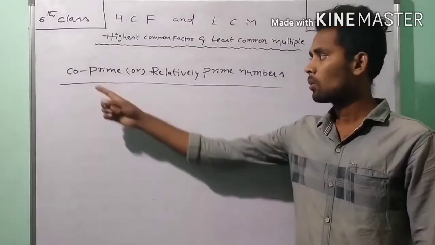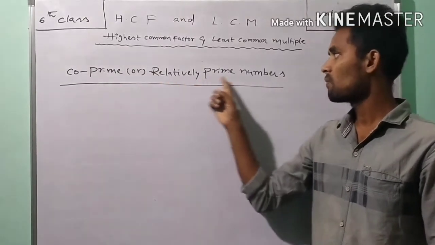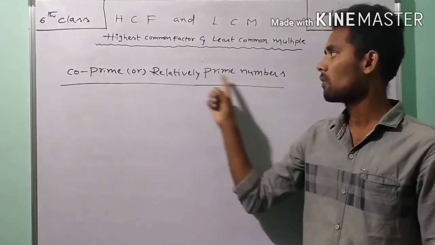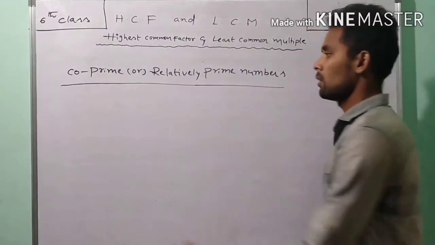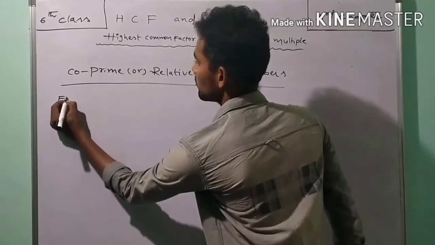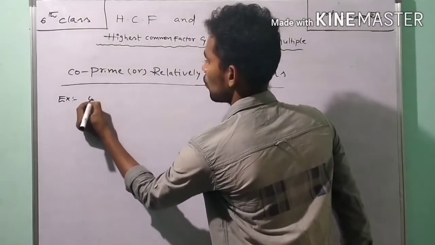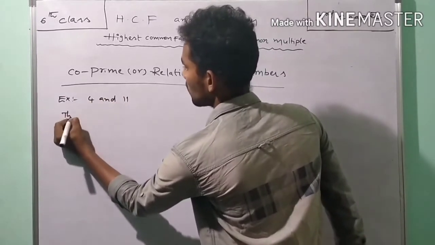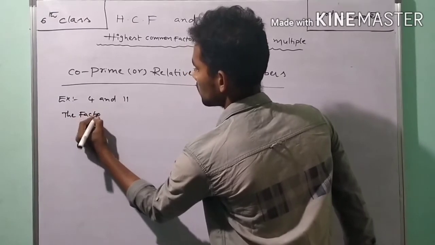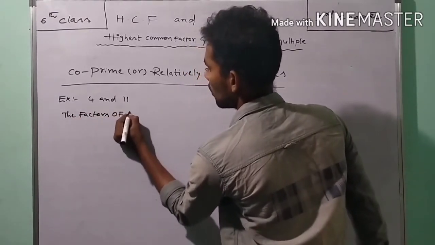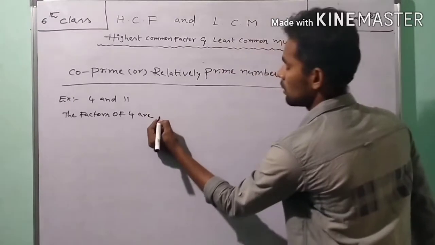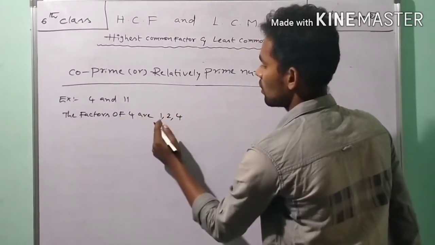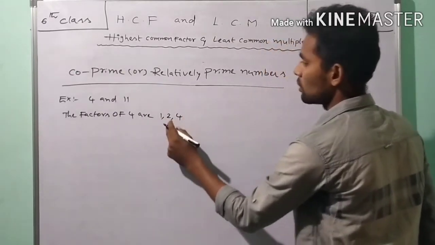Next, co-prime or relatively prime numbers. What are co-prime or relatively prime numbers? For example, 4 and 11. The factors of 4 are 1, 2, 4. Factors of 4: 1 × 4 = 4, 2 × 2 = 4.